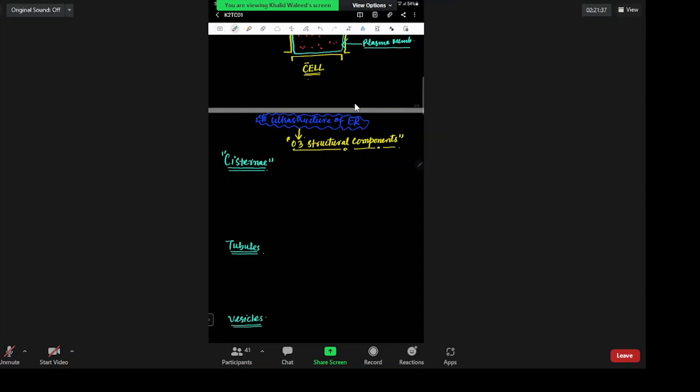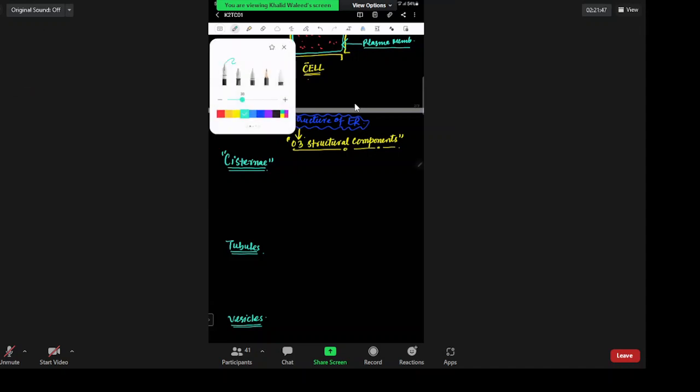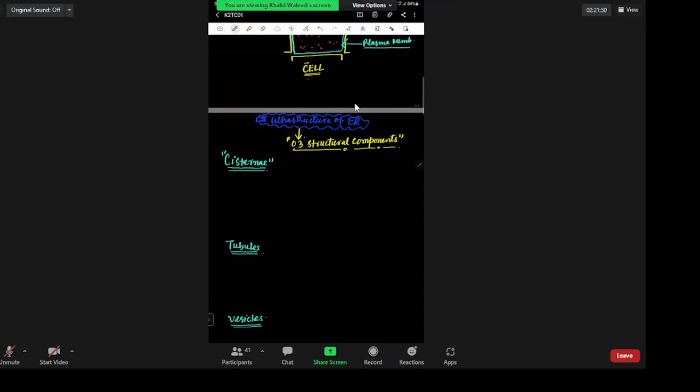The three structural components of ER include cisternae, include tubules, include vesicles. Let me show you the visuals of cisternae first. मैं आपको cisternae के visuals दिखा. The things are going to be like this. Like this.